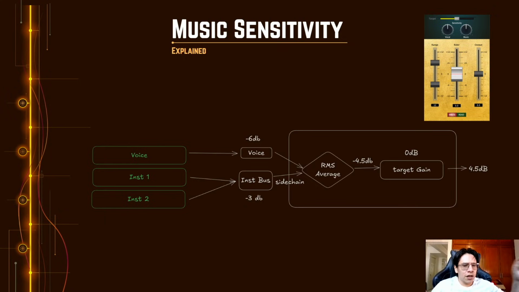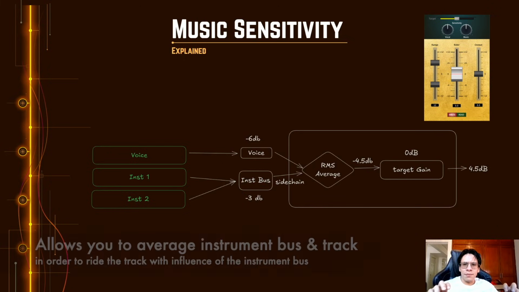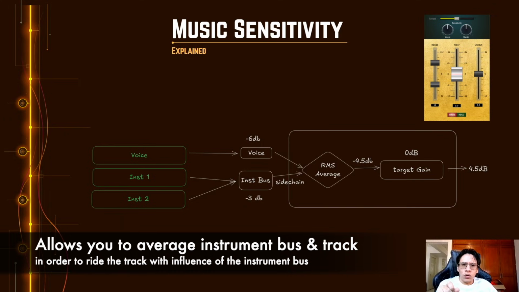So we see it here in the graph, okay? Your vocals can be at minus 6 decibels, that's your target, that's where you want it to be, you put it right there. Then your instrument boss may be at minus 3 decibels, okay? Music sensitivity allows you to get an average of those two levels, right? Your vocal, your instrument, and your boss, whatever it is that is in your boss, okay?